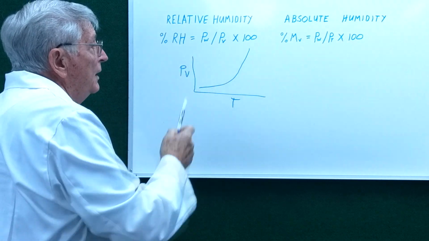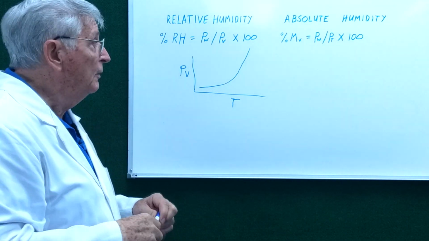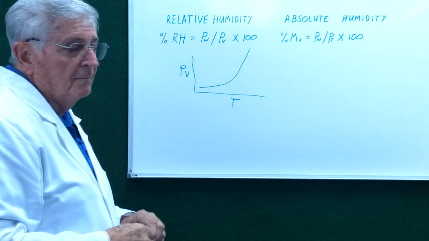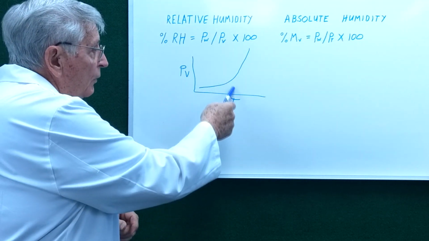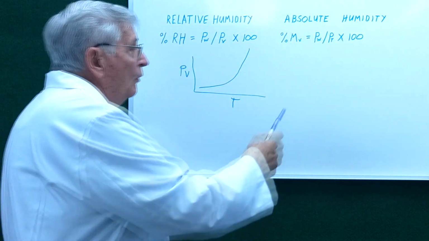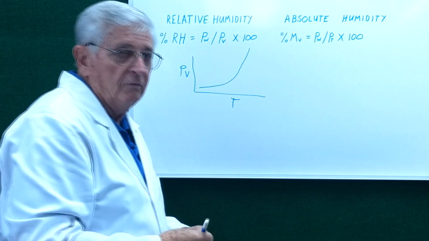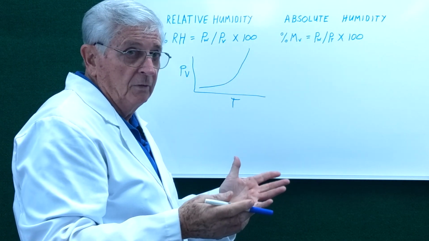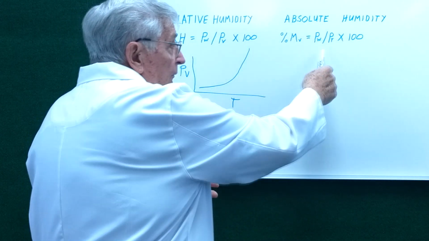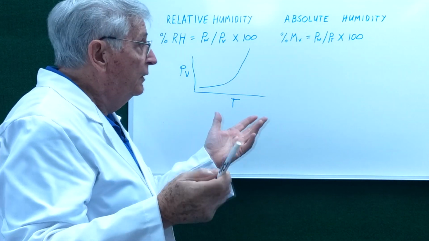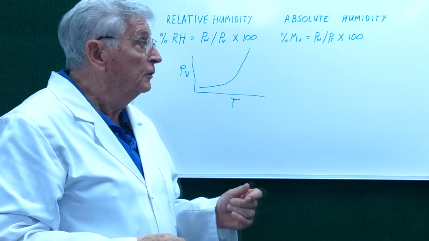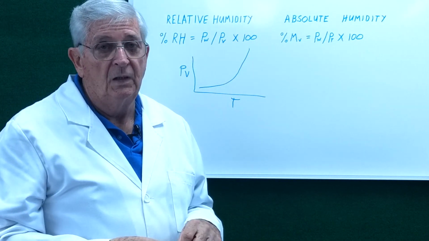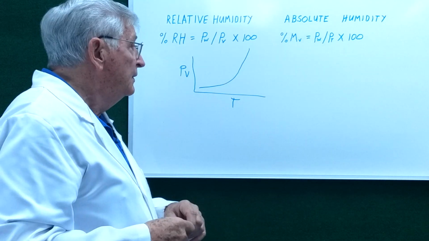You can measure the partial pressure of the water vapor, and you can derive the vapor pressure of the water by knowing the temperature. Now over here, temperature is not involved. So if we know the partial pressure of the water vapor and the total pressure, which is typically atmospheric pressure, you can come up with the percent moisture by volume totally independent of temperature.